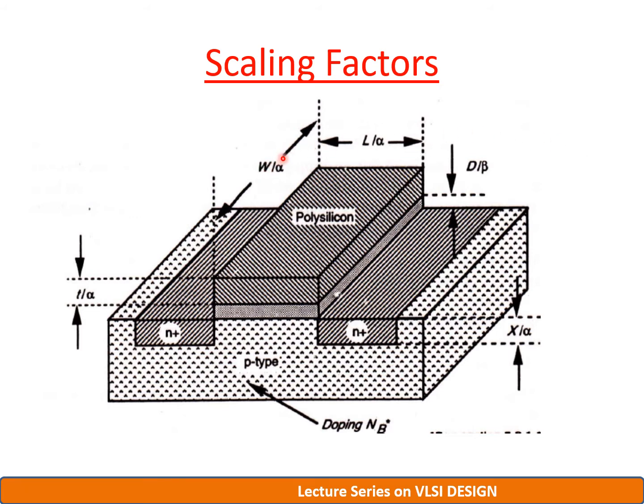W refers to width of a transistor, L refers to length of transistor, and D refers to thickness of oxide layer, and X refers to area of N plus regions. N subscript B is doping concentration of substrate, and T refers to thickness of gate layer.